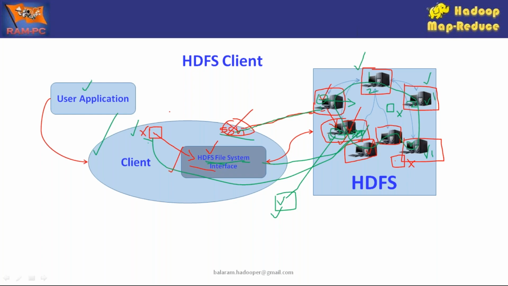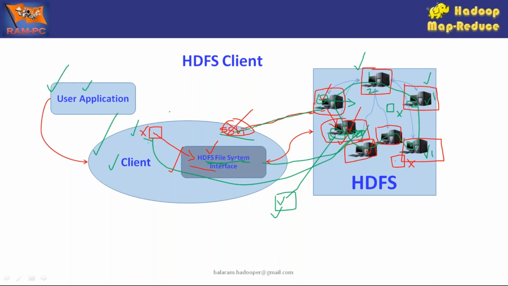It is connected to the client, and that client has the HDFS interface. Your user application is connected to one of the clients of Hadoop. Actually, that is the Facebook server for us. For the user application this may be the web server, but it is the client for HDFS.